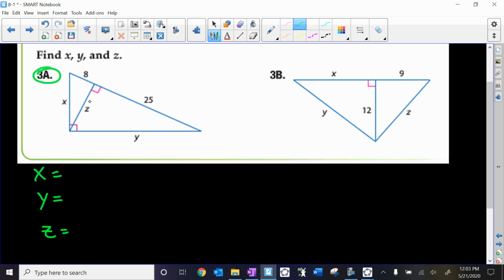Z is the altitude, and it's splitting that long hypotenuse into two parts. So we would say that z is the geometric mean between 8 and 25. And when you plug this in, the square root of 8 times 25 is going to get you approximately 14.1.